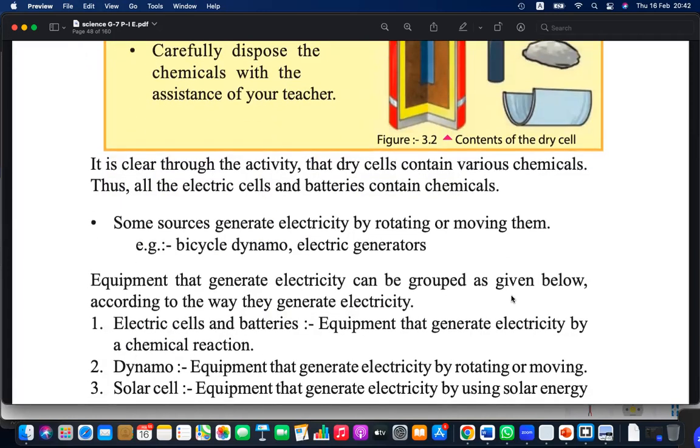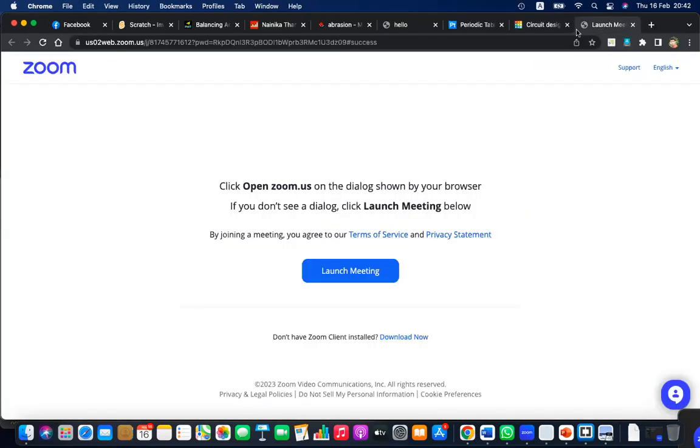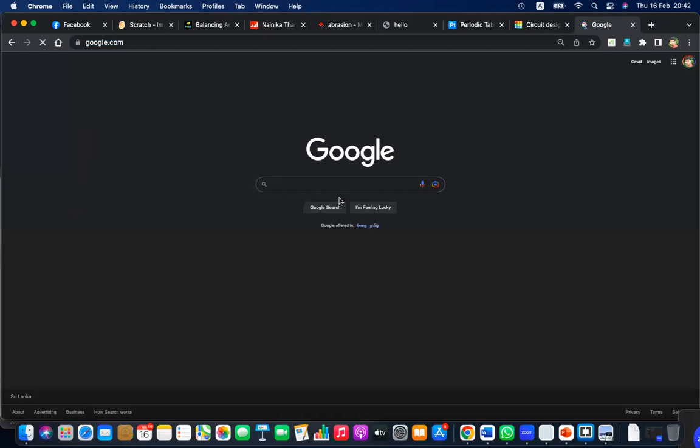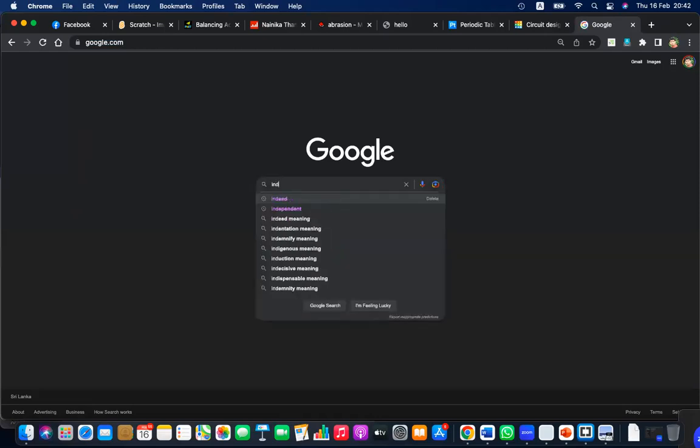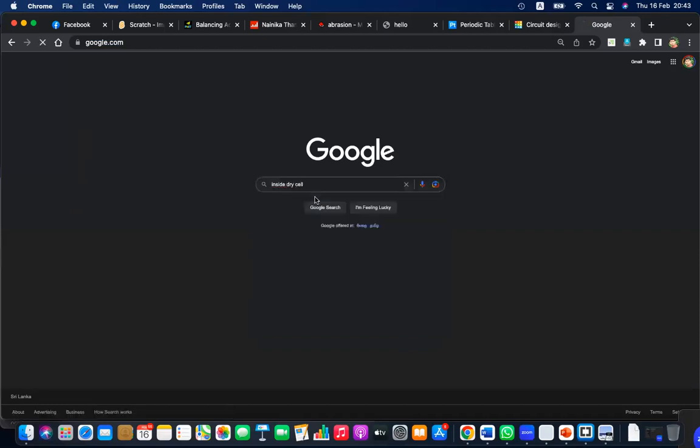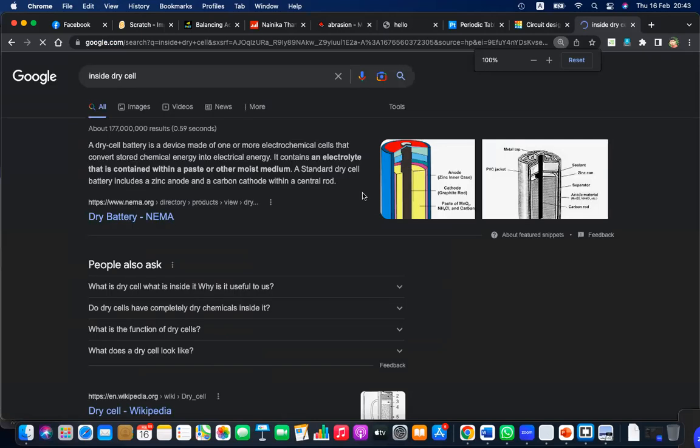Let me show a clear image. Can you see my screen? Okay. So let's see what is inside a dry cell.